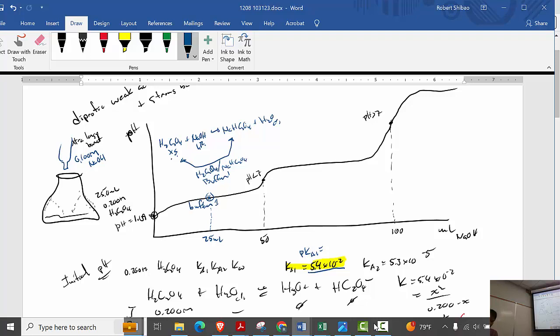So 0.054, 1.267. So the pH here is 1.267. That's the pKa 1. And so we should know that in the buffer region, the half equivalence point, the pH is equal to pKa. So this is the pH.